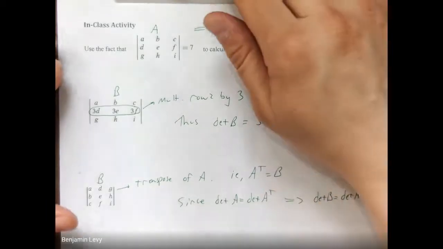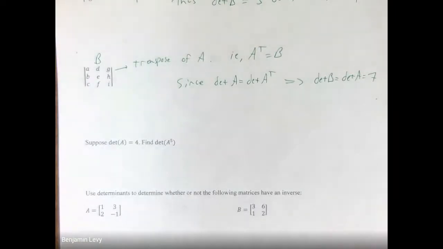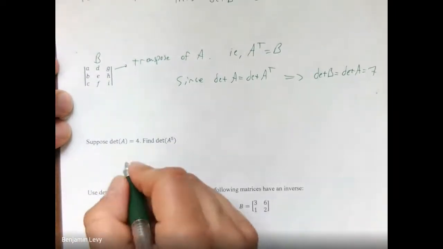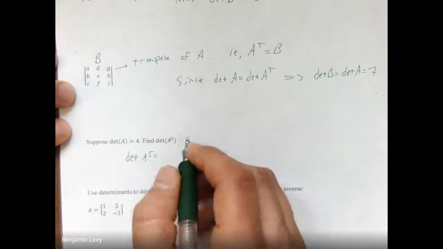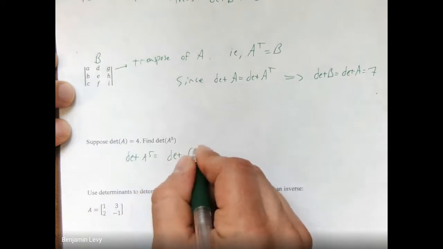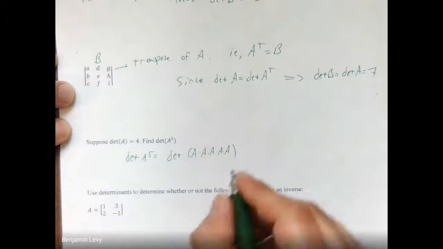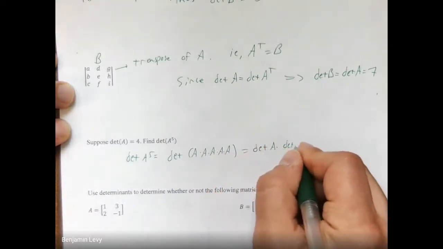Okay, the last two are also really, really straightforward, I hope you'll agree. So if we know the determinant of A is 4, what's the determinant of A to the 5th? Well, we know that we can break up determinants, right? So the determinant of A to the 5th is the determinant of A times itself 5 times.